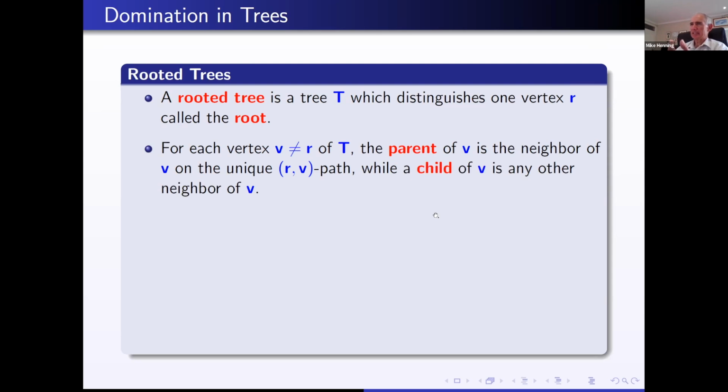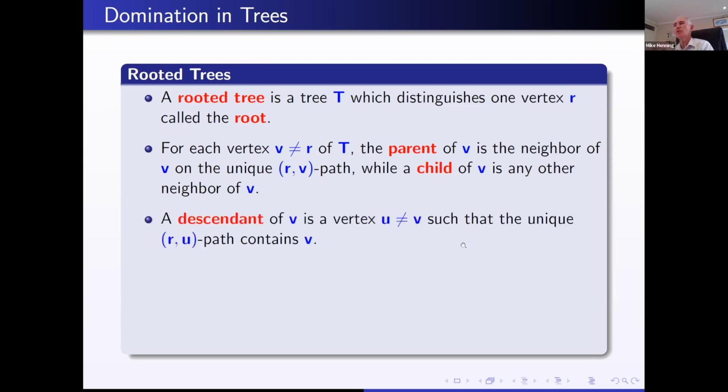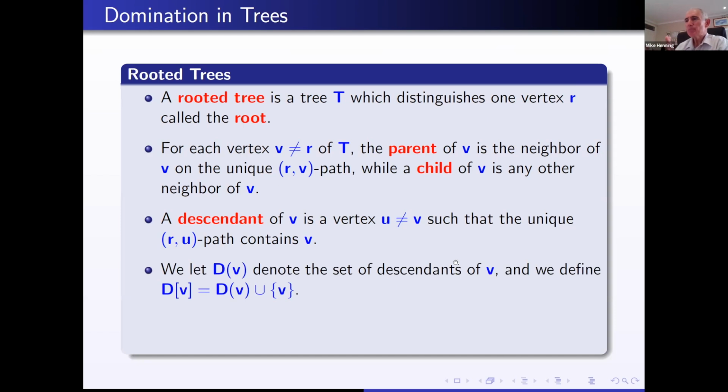A descendant of v is a vertex u different from v such that the unique path from the root to u passes through v. It may be a child, but it may be a grandchild or much further away. And we let D(v) be the set consisting of all descendants together with v.